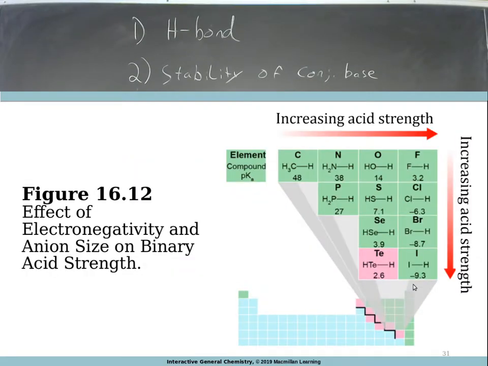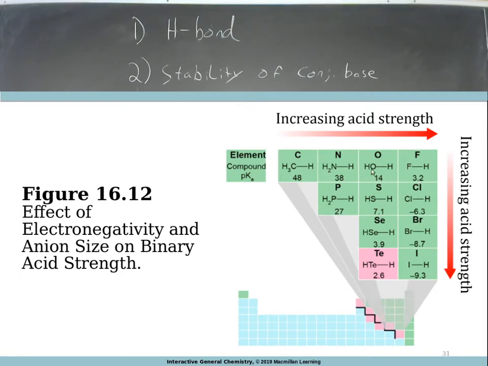If we look beyond the halides, then we can consider the effect of electronegativity. So here we have pKa's of different compounds of a nonmetal bonded to hydrogen. Okay, so hydrofluoric acid right here, we've seen its pKa of 3.2.